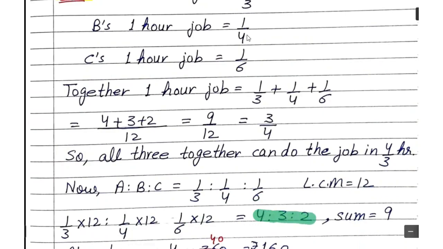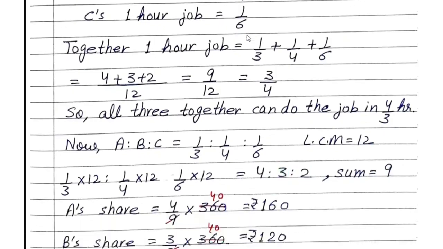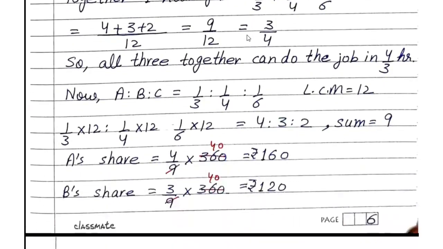Now we will follow the ratio method, that is sum of ratio is 9, that is 4 plus 3 plus 2. Now A's share will be equal to 4 upon 9 into 360, that is 160. Then 3 upon 9 into 360, that is 120.